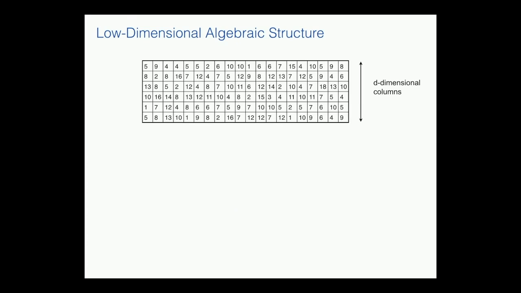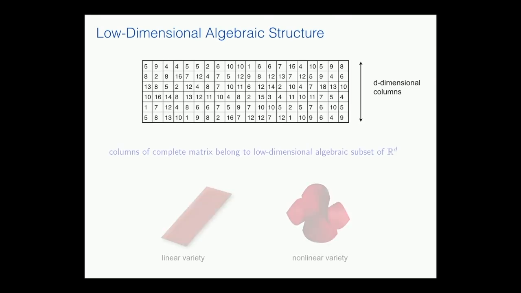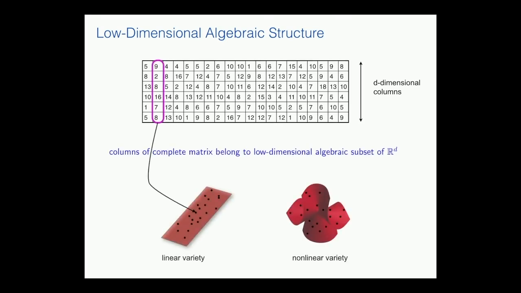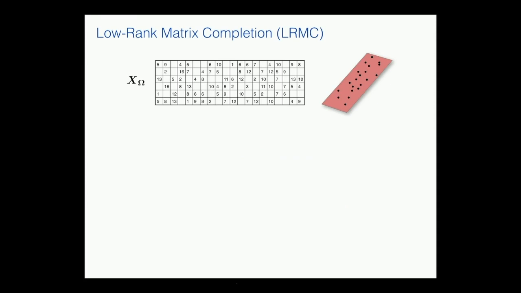All right, so let me explain the simplest setting again. We have a matrix. We assume that the columns of this matrix have some low-dimensional structure. What do I mean? Again, this column here might be a point in a linear variety, or more generally, maybe it's a nonlinear variety. So the columns of our data matrix lie in one of these algebraic sets.